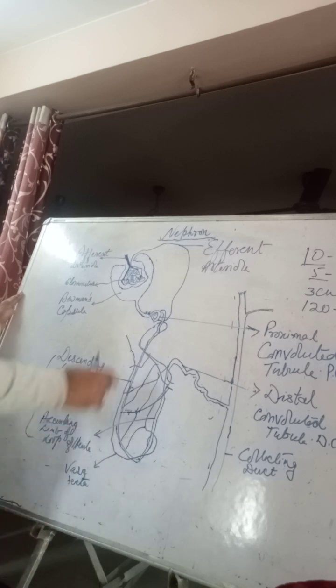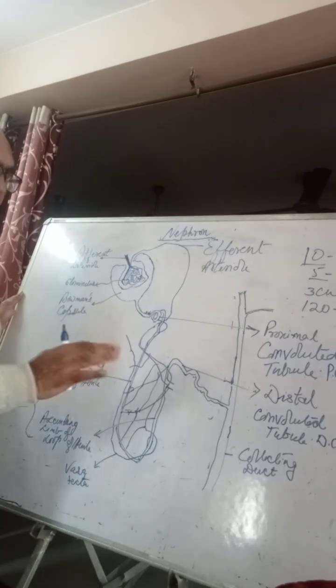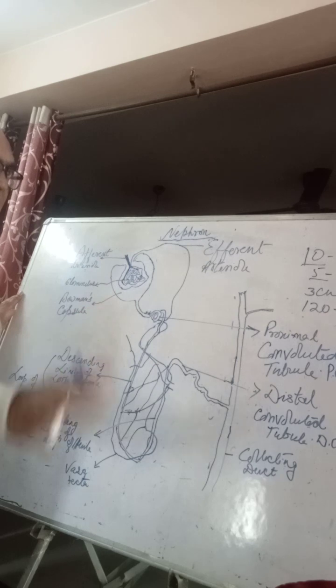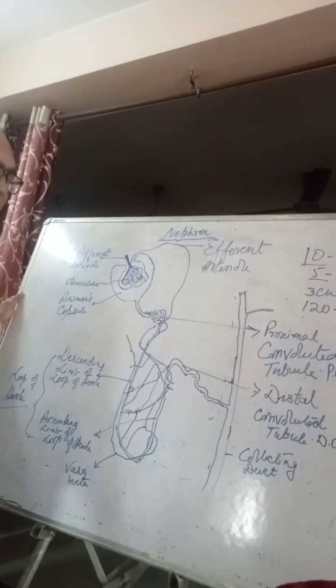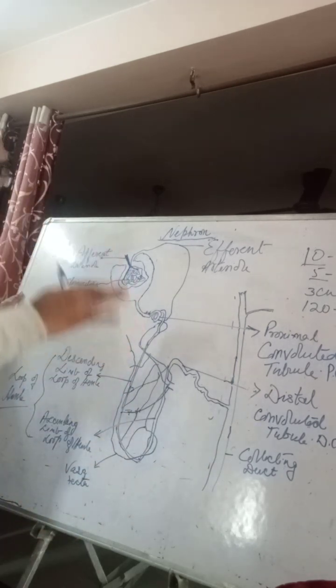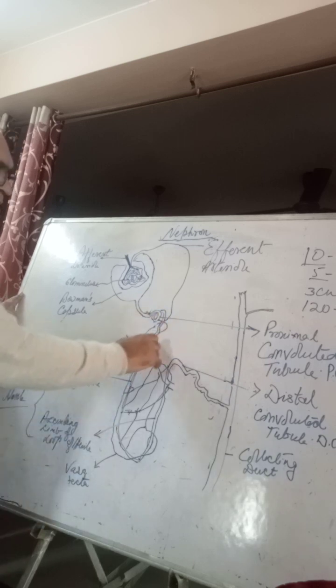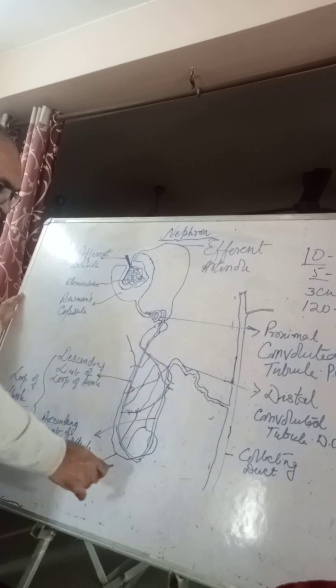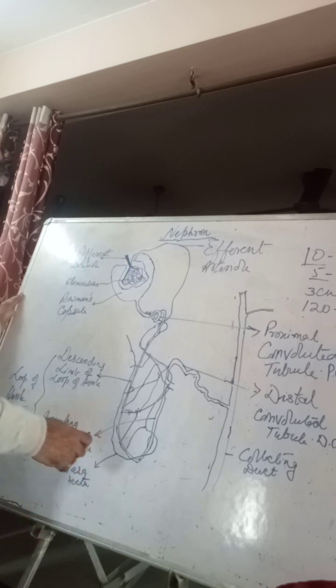A little water still remains, but the majority has been given back so that the blood maintains its viscosity and composition. Now the filtrate comes down through the descending limb to the loop of Henle, where ions of calcium, potassium, etc. are again reabsorbed into the blood.